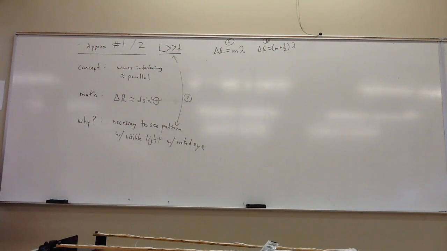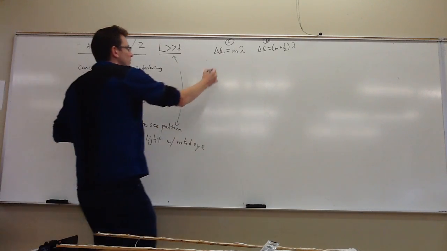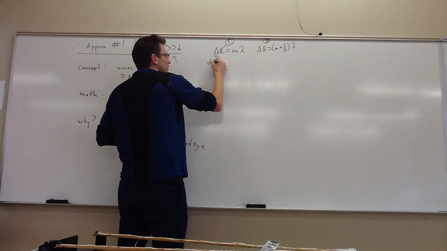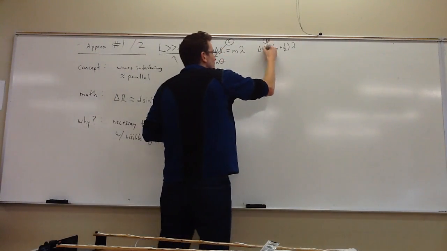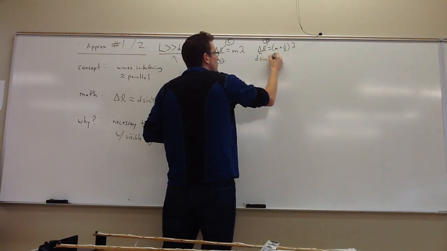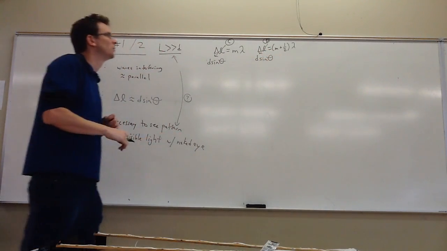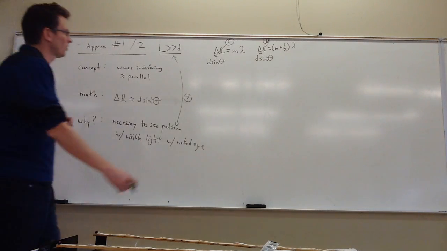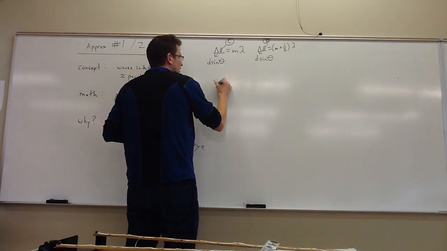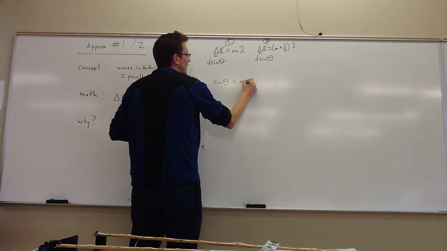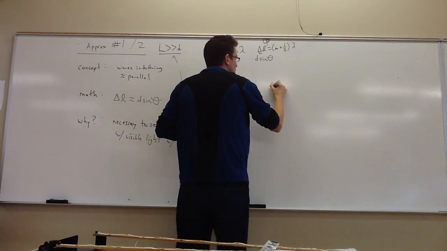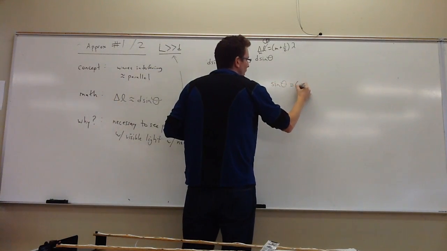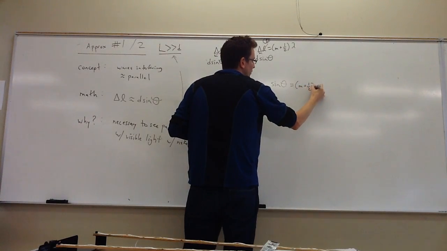And all I'm going to do now is plug this in and say this is d sine theta, roughly. And this is d sine theta. So I can solve here and get sine of theta equals m lambda over d, and over here sine of theta equals (m plus a half) lambda over d.